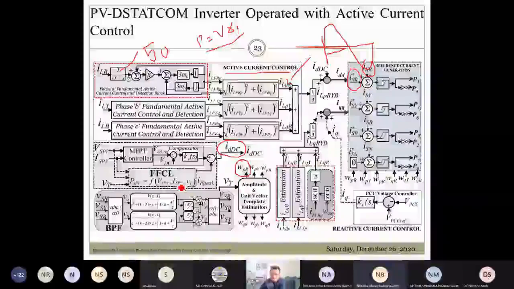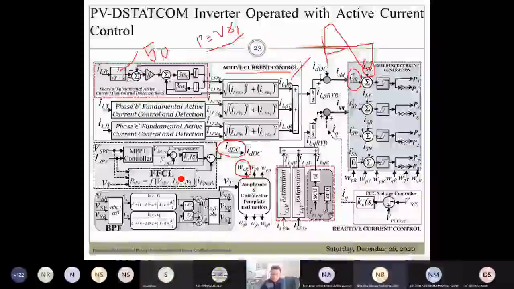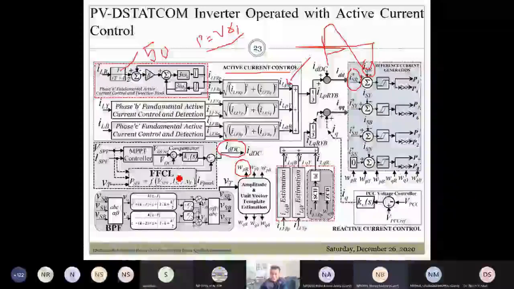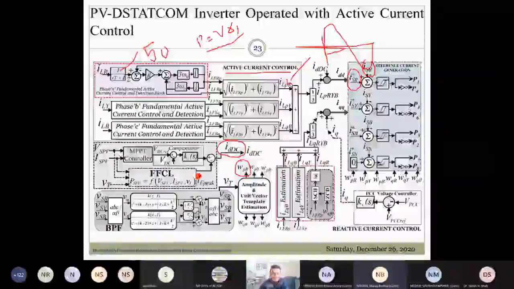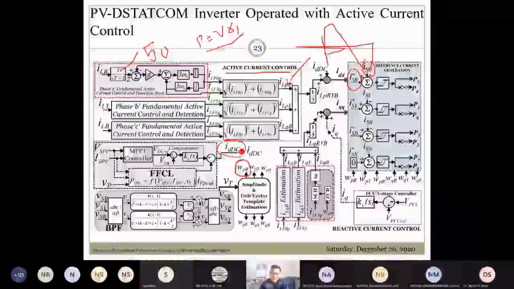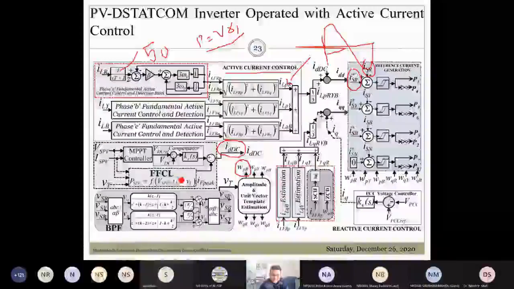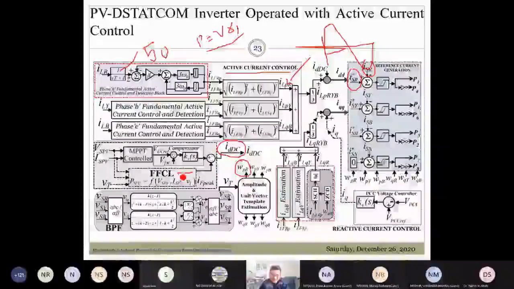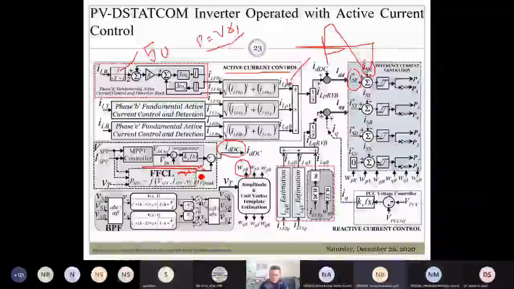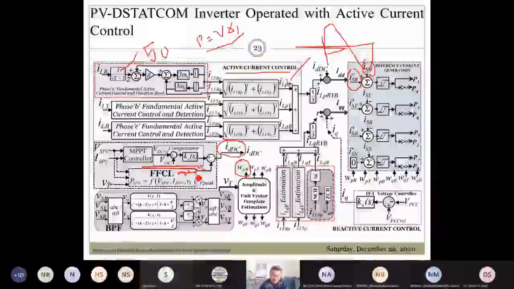Okay, so there may be some fluctuations out of this DC voltage regulation? Yes, those will be mitigated by this FFCL loop. So what kind of waveform can we expect out of this FFCL loop? See, this is a constant, this is a DC. This is nothing but the output of the PI controller. As far as this FFCL is considered, you will have a DC waveform with some errors. This error is constantly changing as the output power changes.